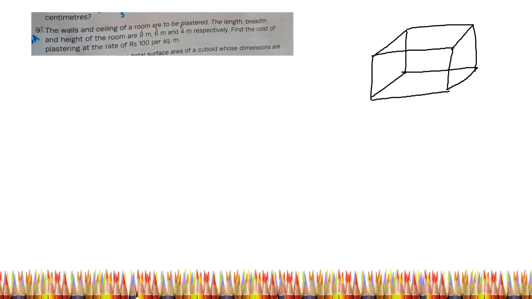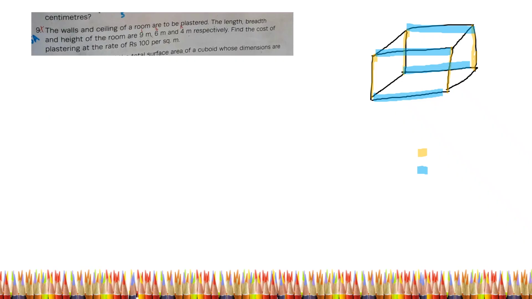Okay, so this is the room. For example, it's a cuboid, and let's use different colors to show the length, breadth, and height. For the height, I am using the yellow one. This is height, this is height, this is height, and this is height. For the length, I'm using the light blue color. This is the length, this is the length, this is the length, and this is the length, right?